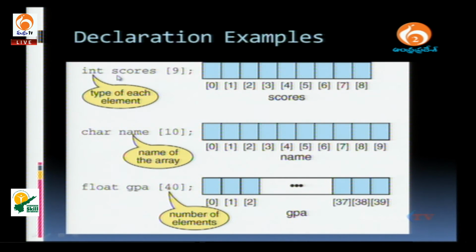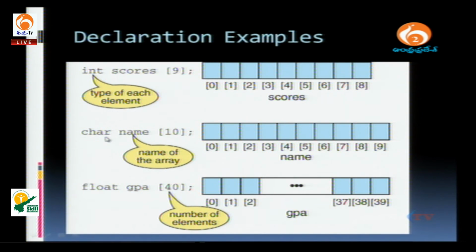Next, int scores, where scores is an array name. Next, the second declaration of an array, just look here: char name[10]. Here name is an array of type character. It is also called a string array.